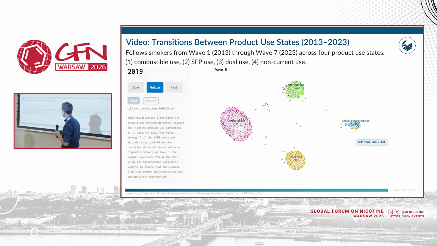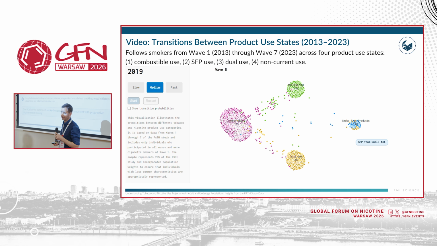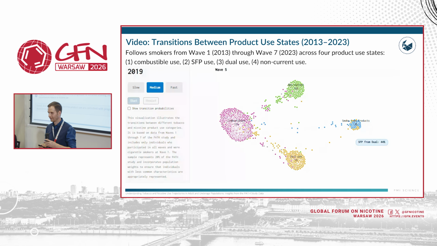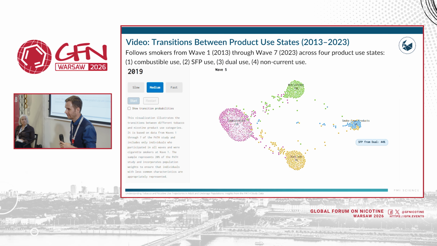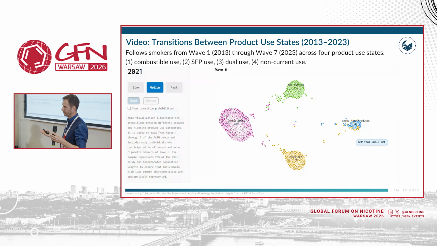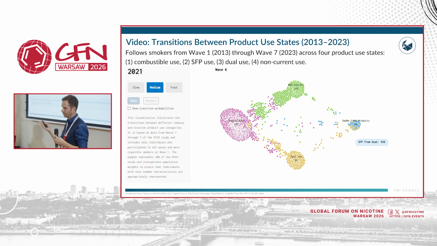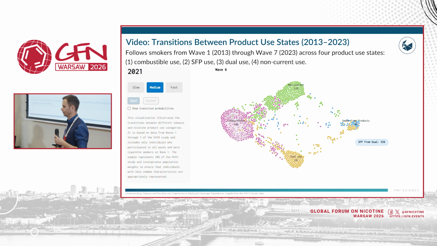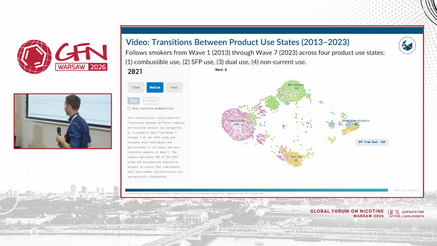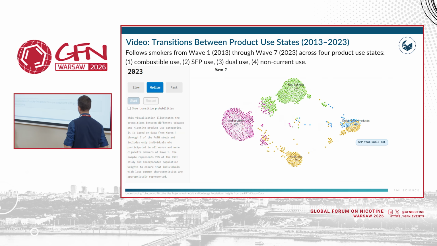consume their products. What we have also seen is that dual use is not a constant state, but a transitory state, which is part of the consumer journey from being a cigarette smoker and becoming an exclusive smoke-free products user.